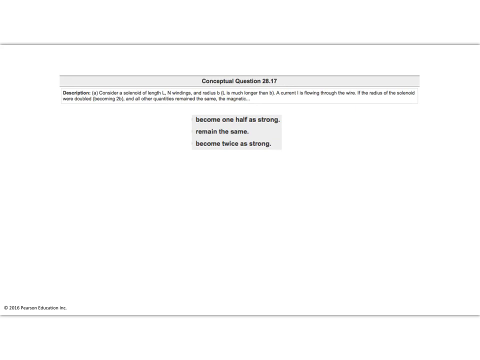If you double the radius, what's going to have to happen to the magnetic field? So B for a solenoid is mu naught big N over L times A.